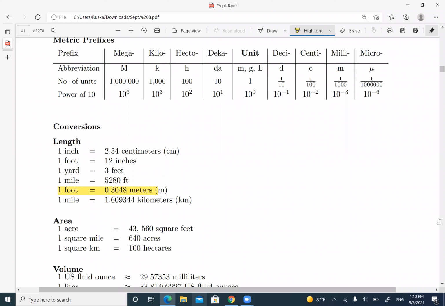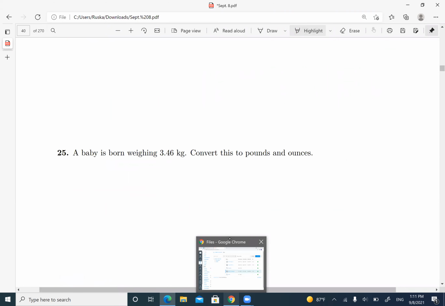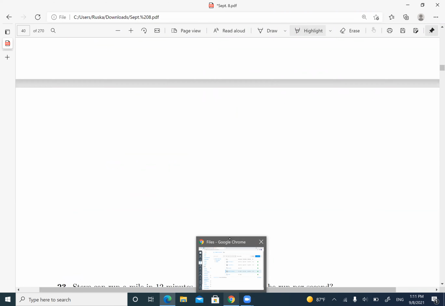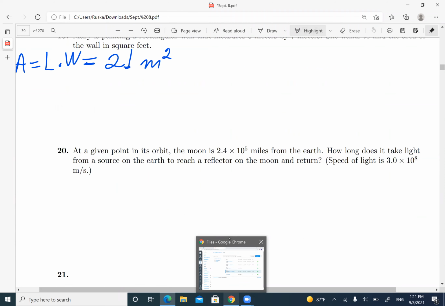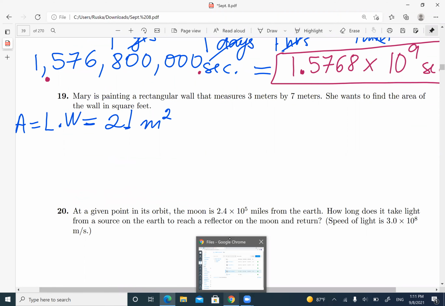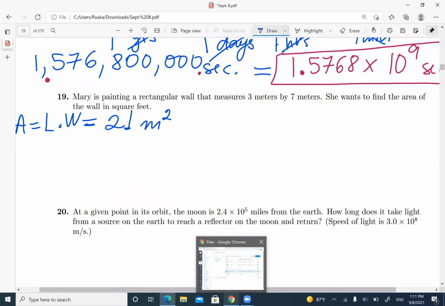Here we're gonna change: 1 foot is 0.3048. You guys remember that number? So I'm gonna multiply by 1. Meter is gonna be in the bottom, feet is gonna be in the top, right?